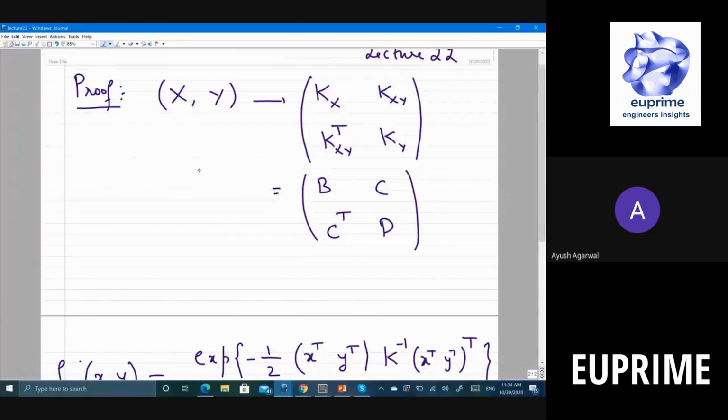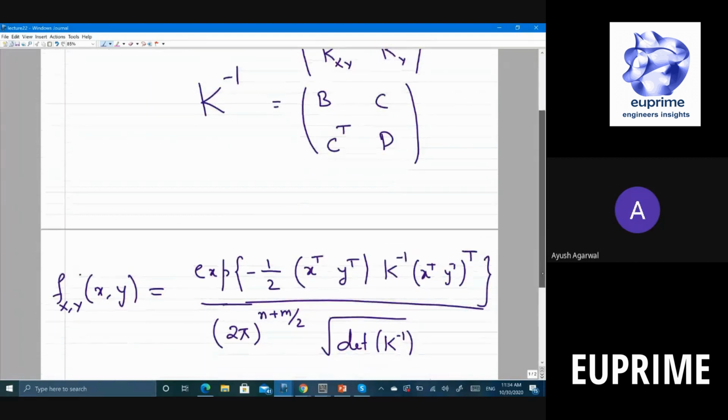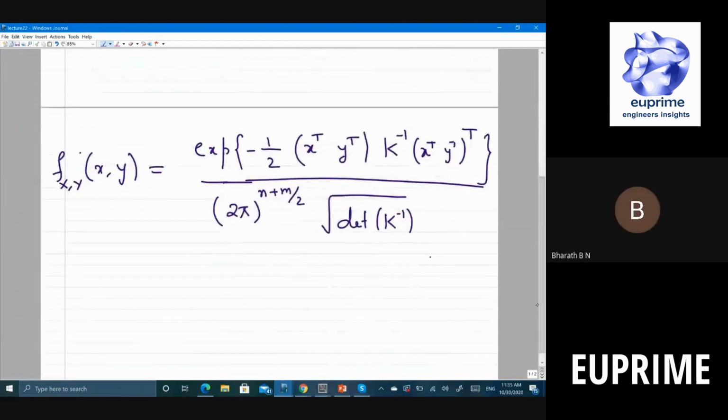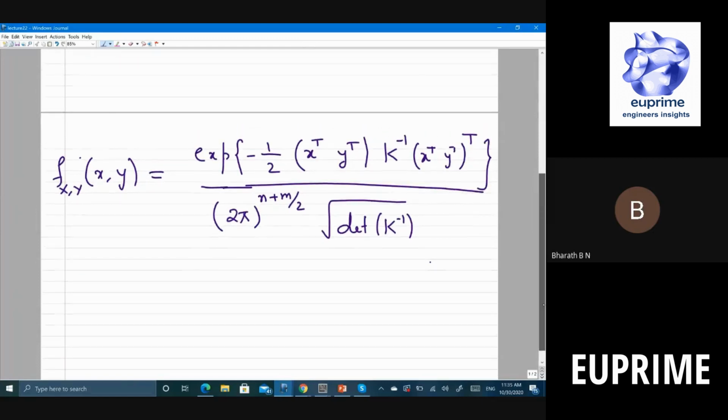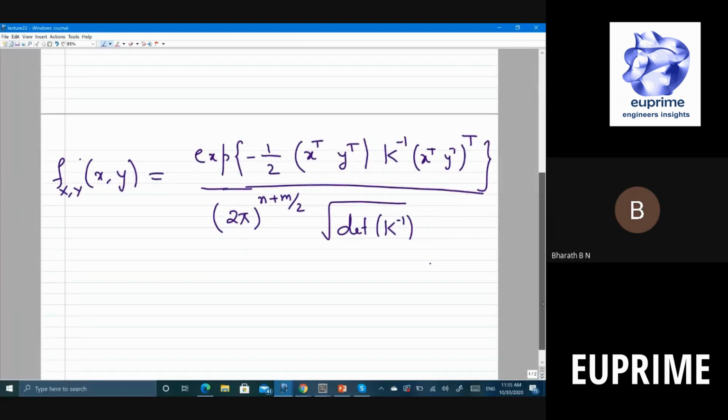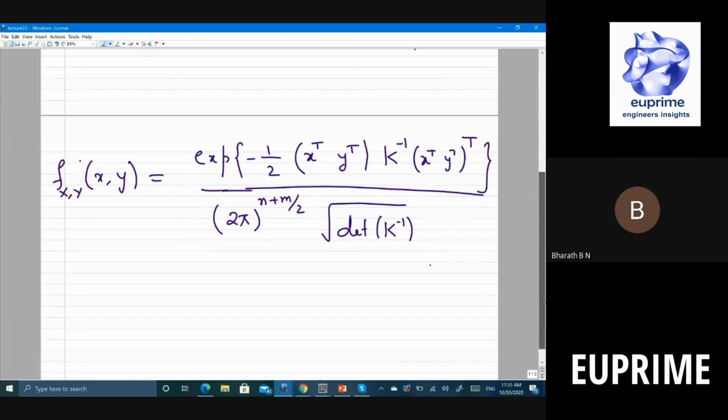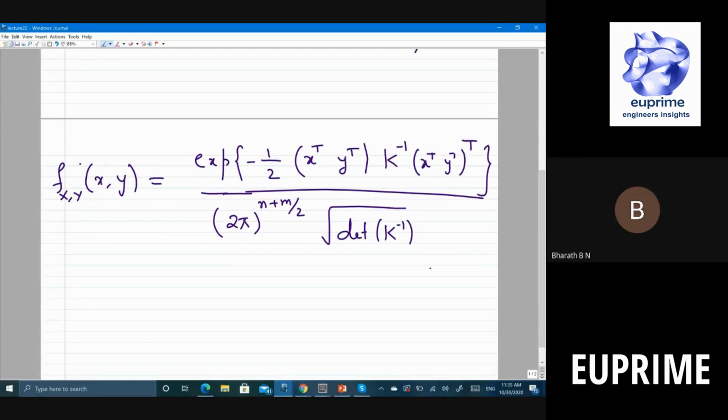It should be the determinant of K, not the determinant of K inverse. Yes, this is correct.